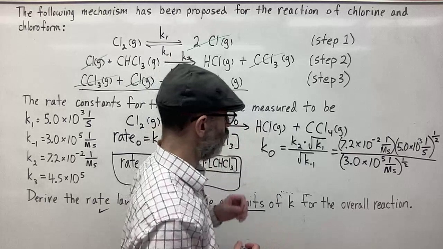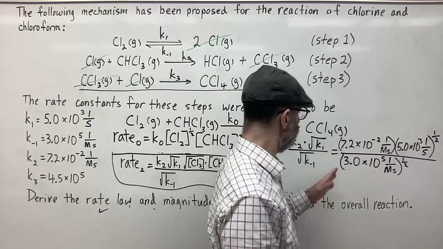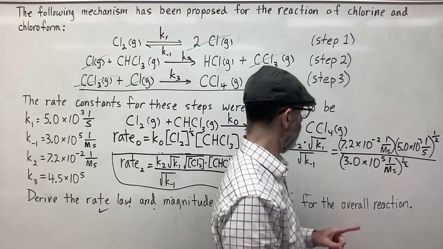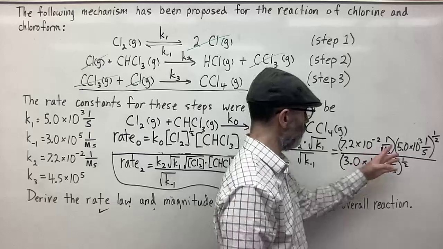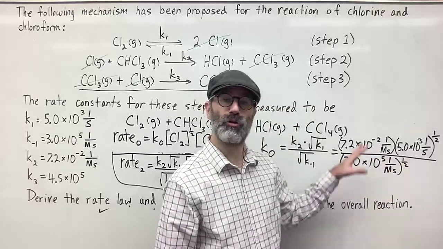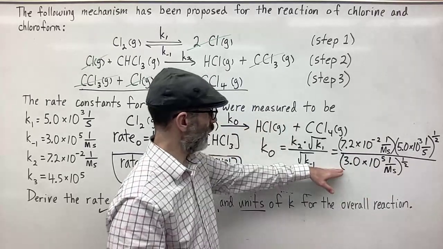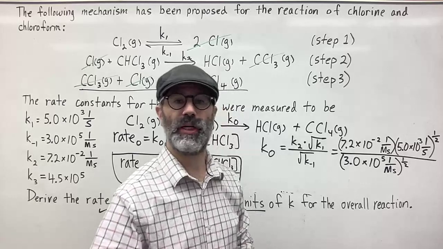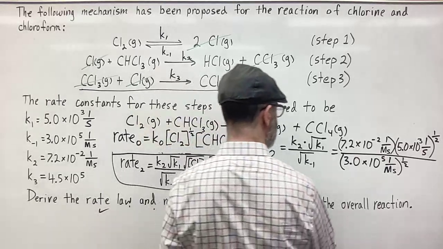Now what we can do is multiply and divide. Let's start with the numbers because that's going to be easier, and then we'll figure out how the units cancel out. If we take the numbers and multiply and divide, we get 9.3 times 10 to the negative 3.